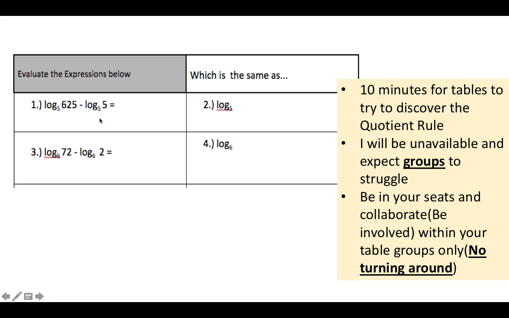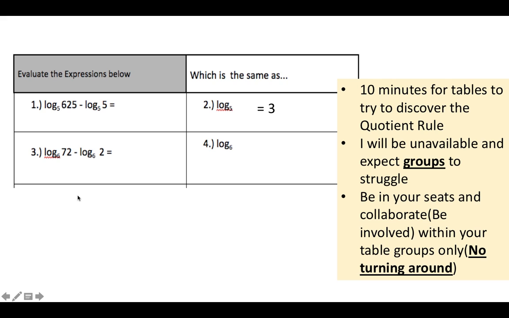So here it's 5 to the what power is 625, I believe that's 4, minus 5 to the what power is 5, it's 1, so 4 minus 1 should give you 3. You would write in the 3 right here, and likewise the 3 over on this side. Then to fill in this missing blank, 5 to the 3rd power is 125. It's not going to pop up, but you get 125.